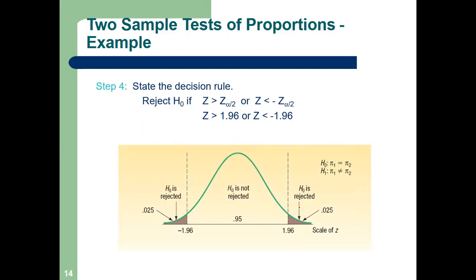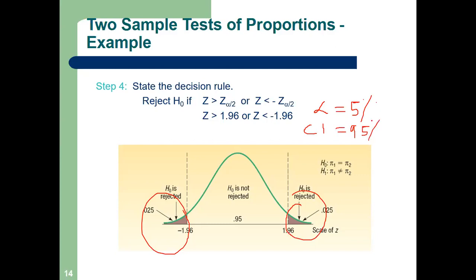Now I come to the decision step. It's a two-tail test, so there will be two rejection regions. Already I have told you alpha is 5%. So what is my confidence interval? 100% minus 5%, that is 95%.